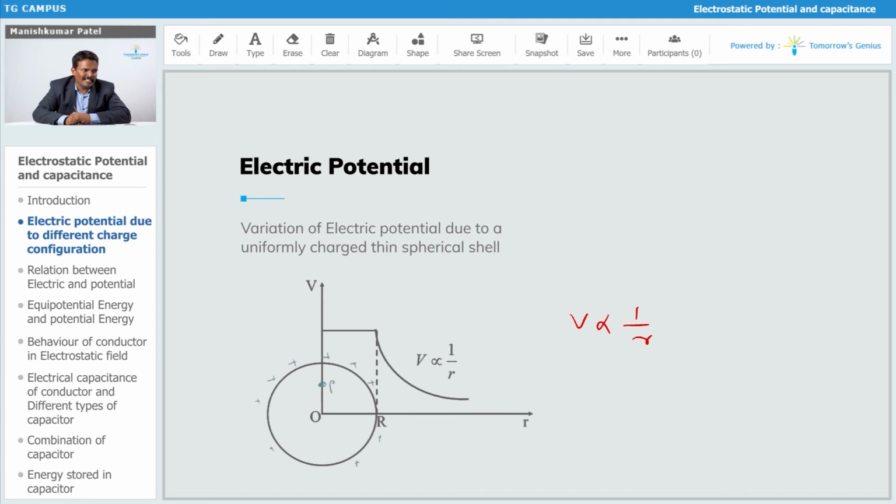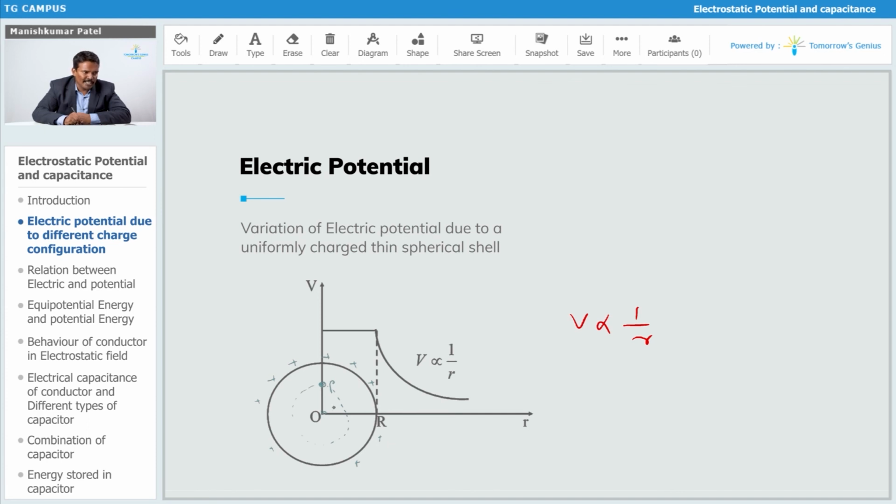But from the relation between potential and electric field, if the field is 0, it indicates that the potential is constant. So at every point inside this shell, the potential is constant.